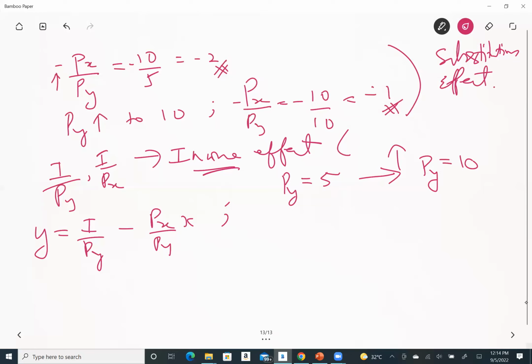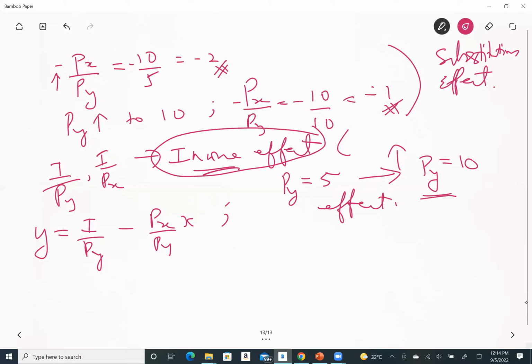When the price of Y goes up, the quantity is reduced. That is the income effect. When the price increases, what is the effect on your real income?